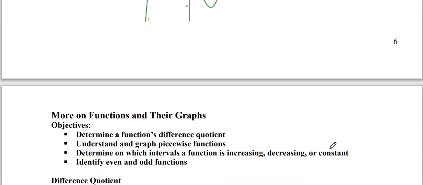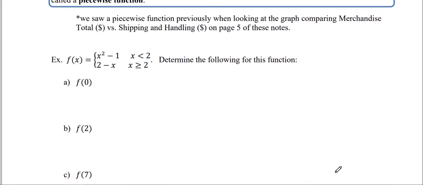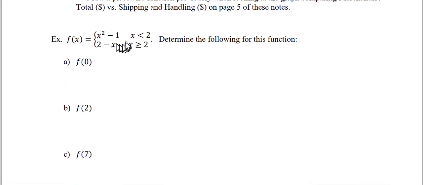Let's go back down here. Here is another example of that. For x less than 2, we want to use this equation, f of x equals x squared minus 1. Now, for the part of the domain where x is greater than or equal to 2, we want to use 2 minus x.